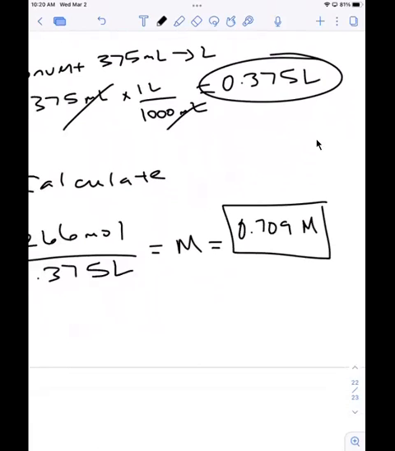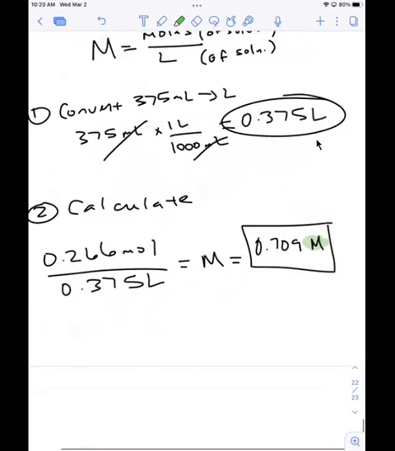All right, 0.709 mole, right? And when you write big M, it's understood what the units are. It's moles per liter. All right, let's do another example.